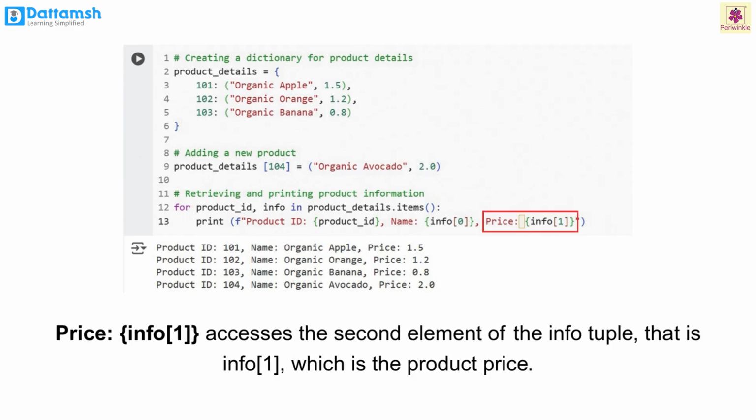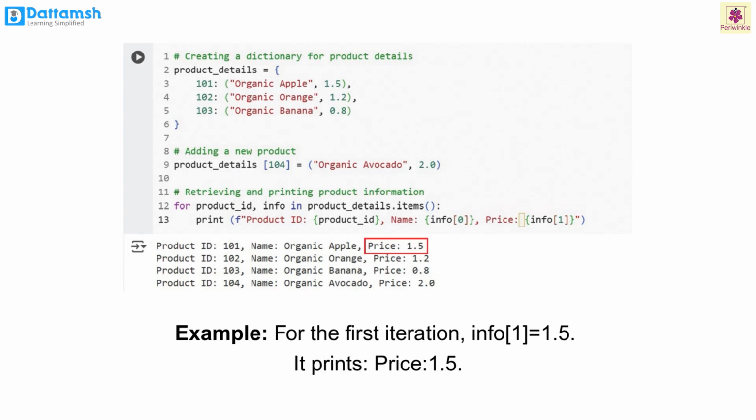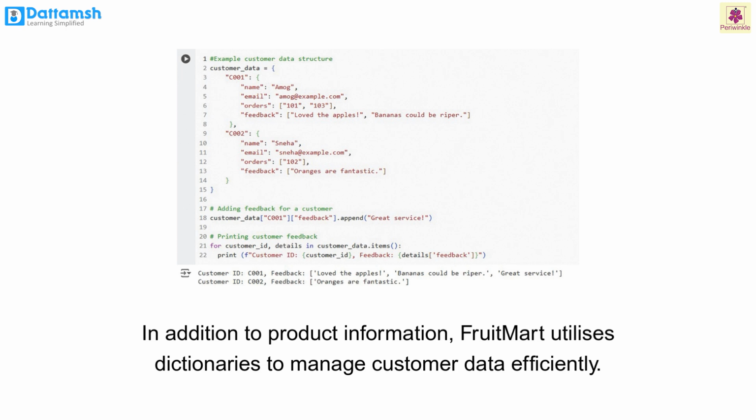Price, info[1], accesses the second element of the info tuple, which is the product price. For the first iteration, info[1] is equal to 1.5. It prints price 1.5.